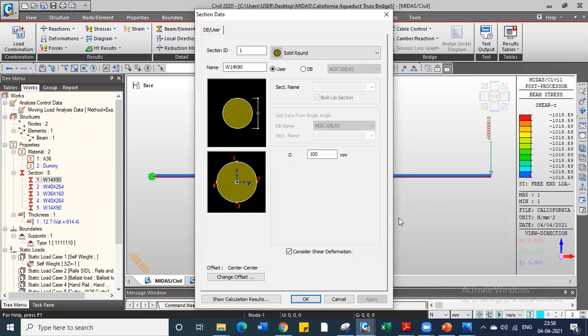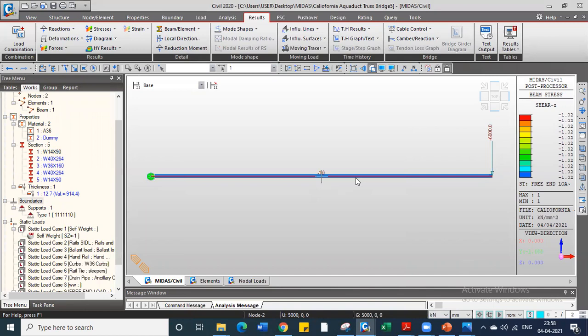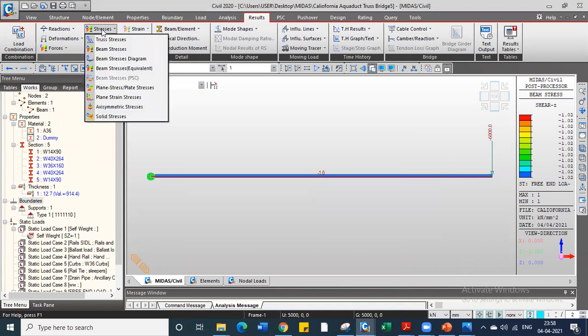The diameter of the beam is 100 mm, and the cross section area of the beam comes to around 7,853 square millimeters. Now, if it is kept like a cantilever beam, and the load is applied at the free end, of 60,000 kilonewton, sorry, in terms of kilonewton, it will be, I believe, 6,000 kilonewton. Pardon. Let us see what happens to the stresses developed in the beam.